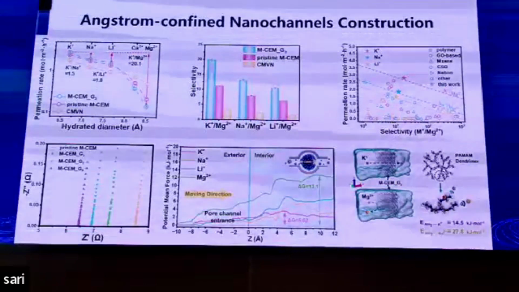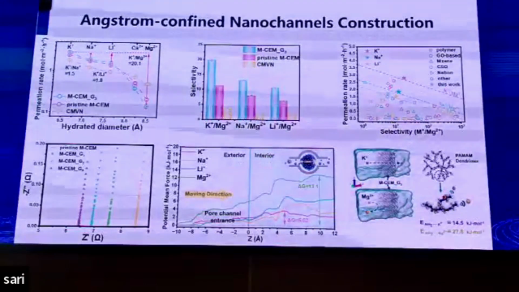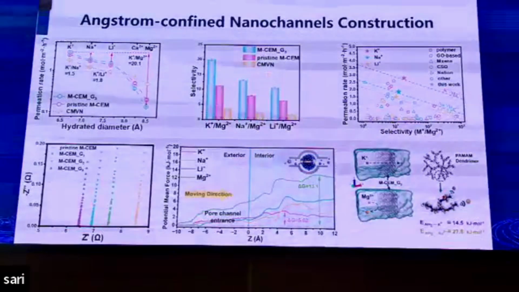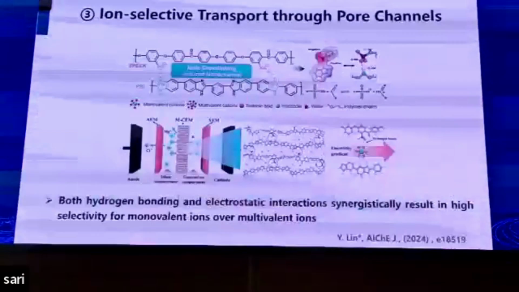So in the first work, we just used Donnan repulsion to realize the monovalent and divalent ion separation.